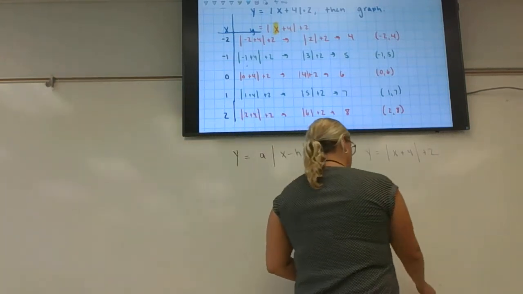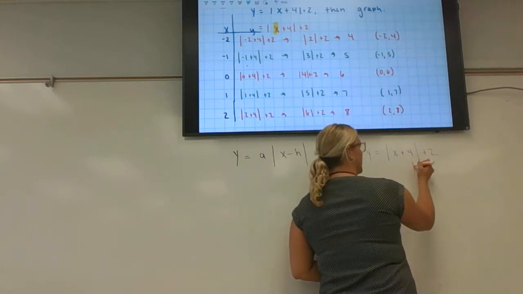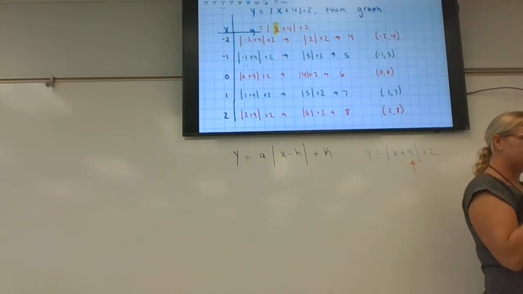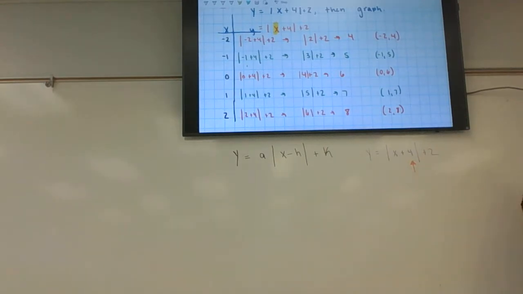This plus 4, according to what I told you yesterday, should do what to the graph? The horizontal move, that's called H. It's called a horizontal translation. And even though it's plus 4, that's always opposite. So I'm expecting a horizontal translation of -4.